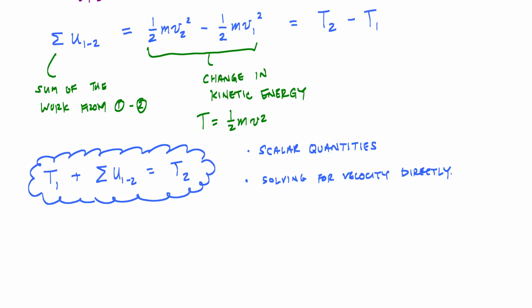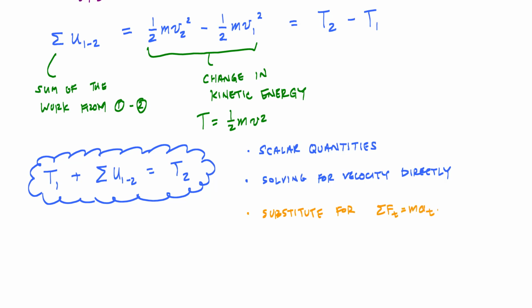All right. And so we're going to get the speed at a specific point, or as a function of something, using the principle of work and energy directly. One thing to remember is that this is only a substitute for the tangential component of the equation of motion.